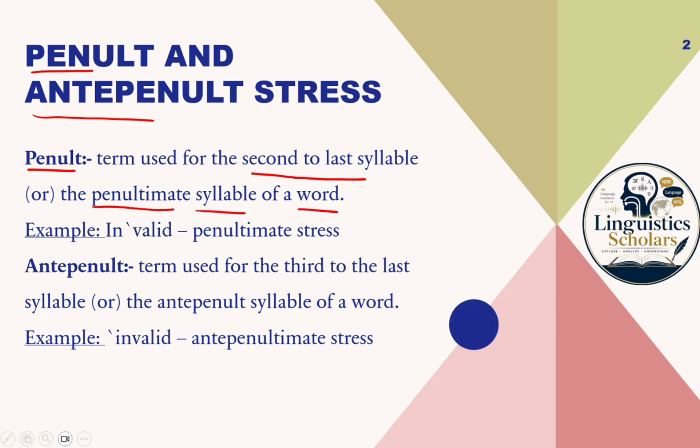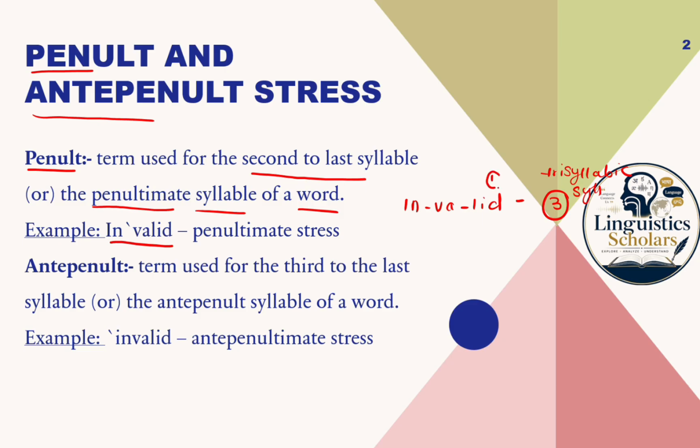In simple terms, as you can see in these examples, I have taken the word invalid. The word invalid consists of three syllables, so it is a trisyllabic word.